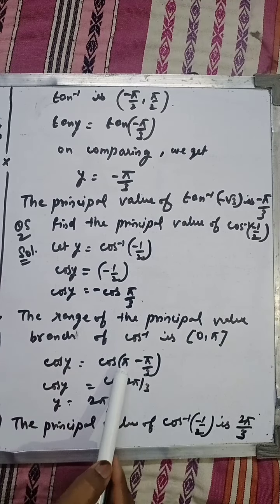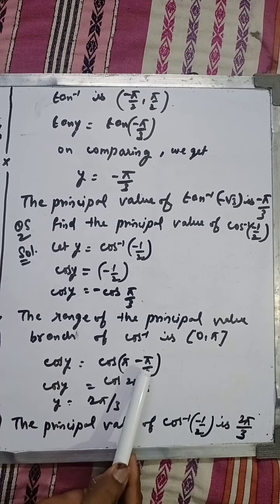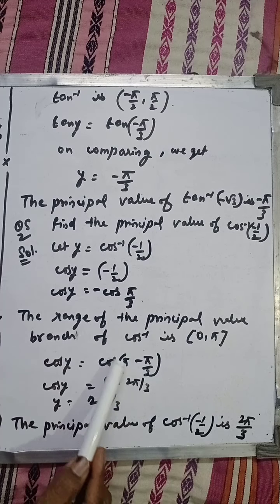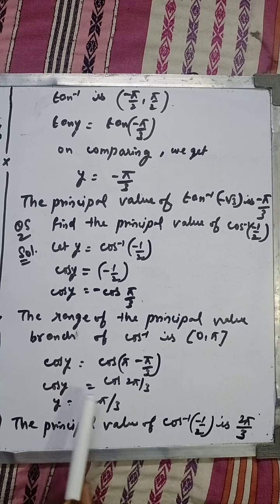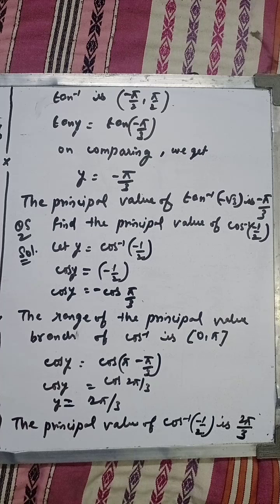On the right hand side, you have to write pi minus this value, which will come in this range. When you take the LCM, you will get 2 pi by 3. So on comparing angles, your y will be 2 pi by 3. So this is the principal value of cos inverse minus 1 by 2. Okay, got it?